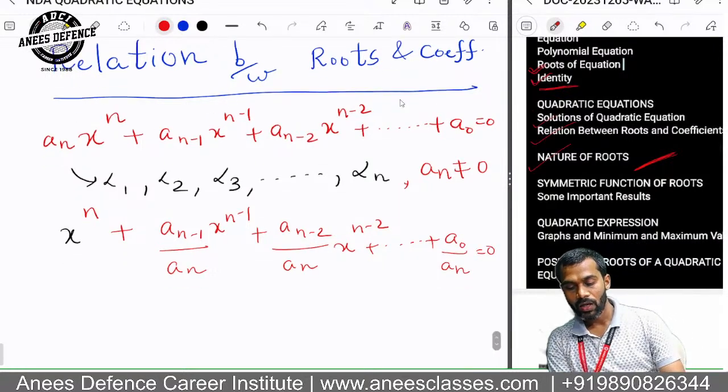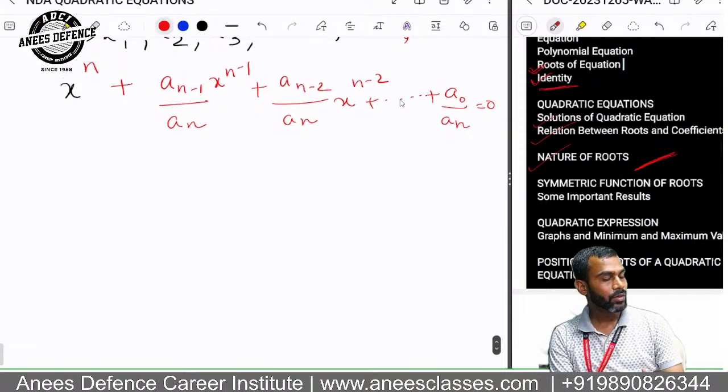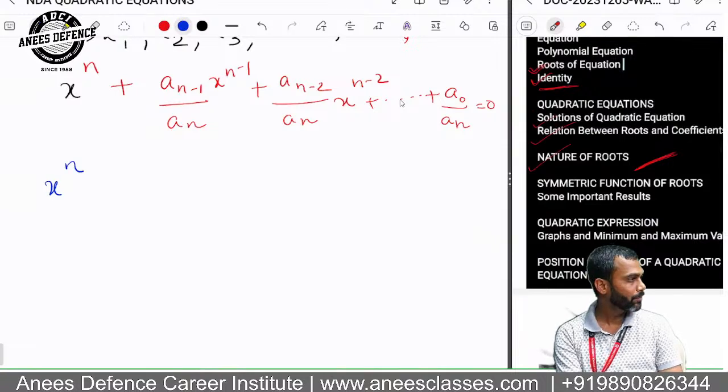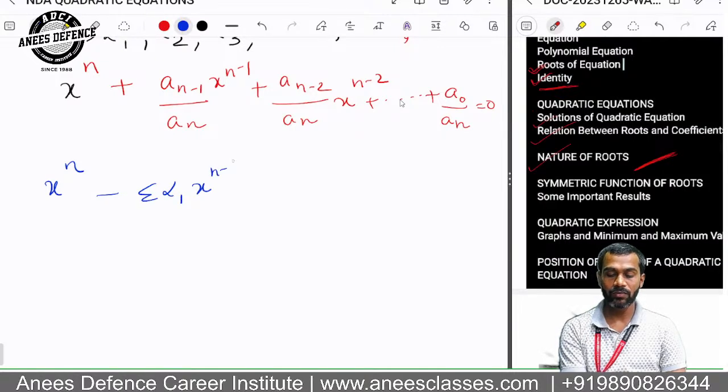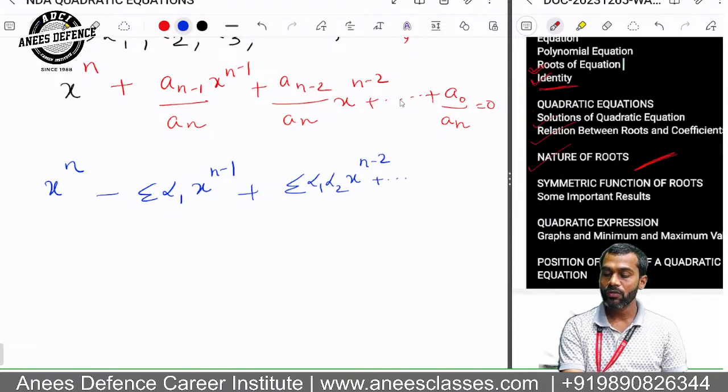Yes or no? And if you remember, if roots are given, we have found the equation of the form x raised to n minus summation alpha 1 x raised to n minus 1, plus summation alpha 1 alpha 2 x raised to n minus 2, plus and so on.